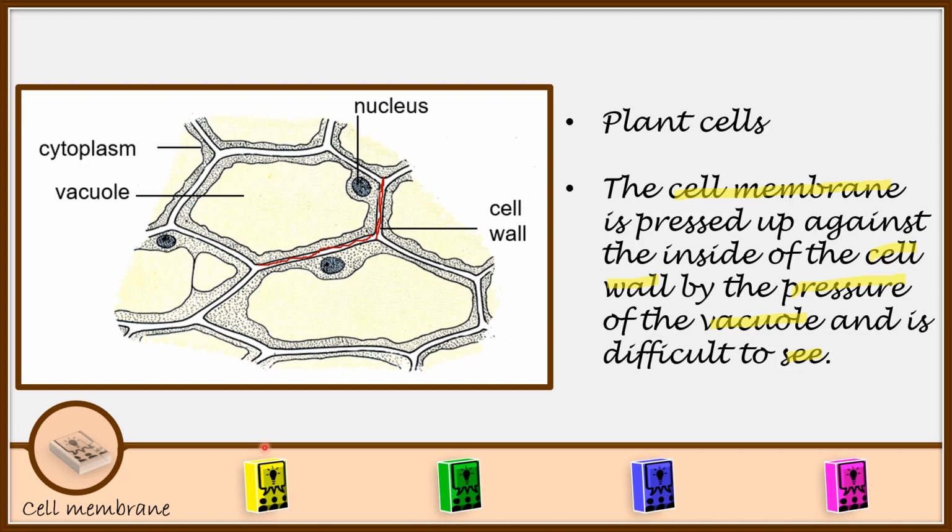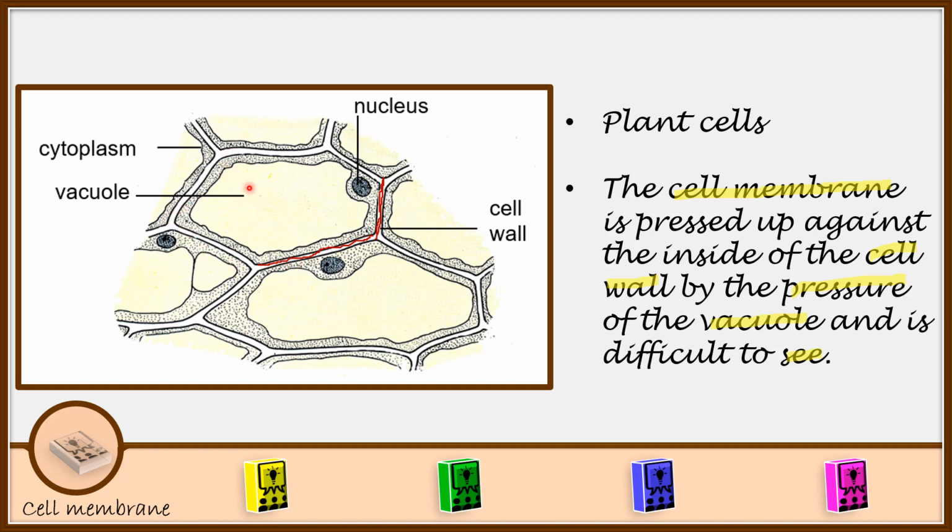That black line inside, next to the cell wall, we can assume is a combination of the cell wall interior and the cell membrane pressed against the cell wall.